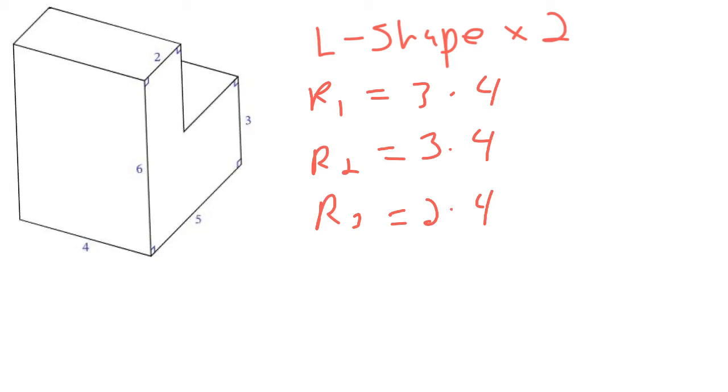Okay, then I get the one on the back there, which is going to be rectangle 4, and that's 6 by 4. And then I have the one on the bottom, rectangle 5, and that's going to be 5 by 4.